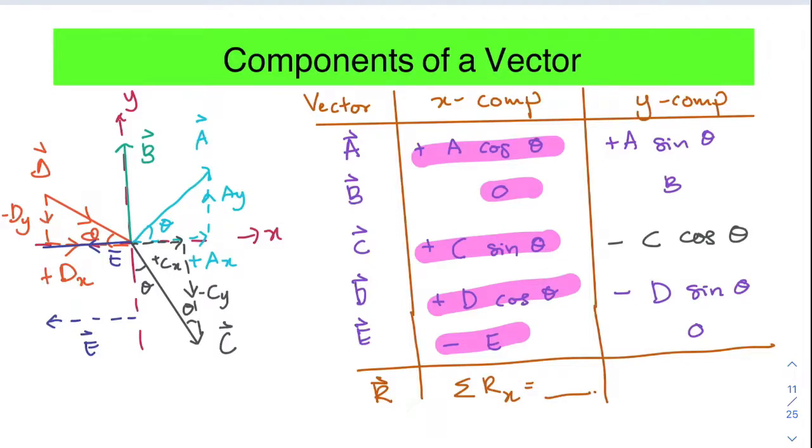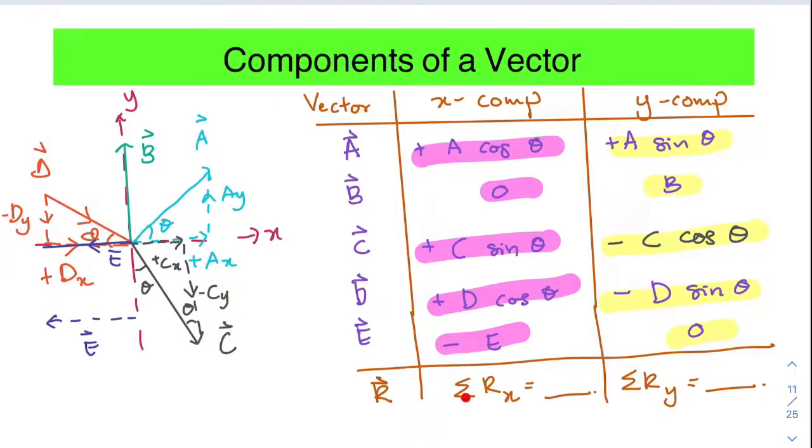Consider the negative sign as well, take it into account. Then you sum everything in this one, this is your R y. You're going to consider every single thing on that side, negative as well.